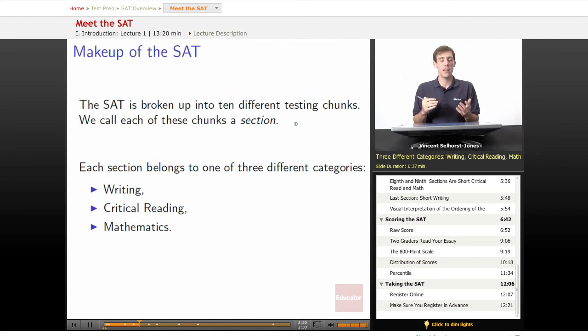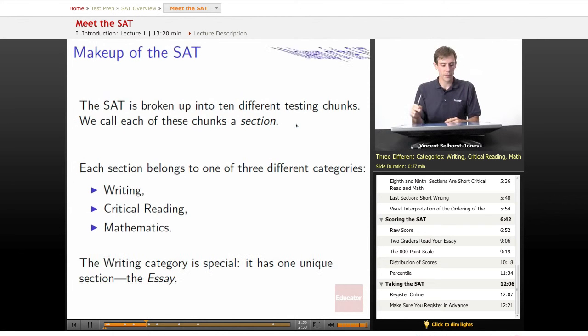And confusingly enough, the categories are also called sections, so you might talk about the writing section, wherein you will do one writing section, but there are other writing sections within the writing section. It's sort of confusing. We use the word section to talk about the category, but we also use the word section to talk about the discrete testing chunk. It will be obvious which one we're talking about in context, but it is a little weird that we use the word section for both category and testing chunk. That's how it is, though.